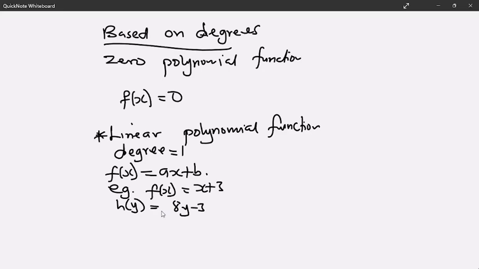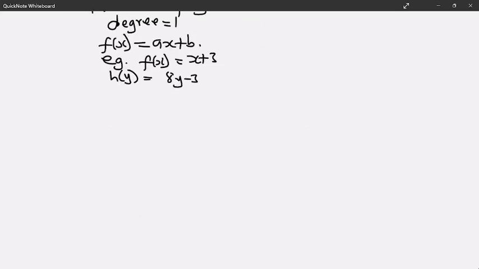Then the last one based on degree is called a cubic polynomial function. So of course, as the name implies, for a cubic polynomial function, we have the function to be of degree 3.